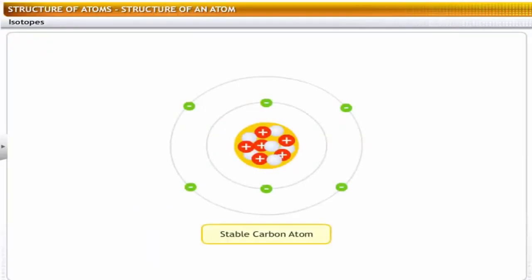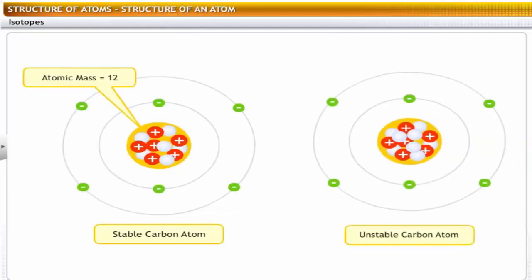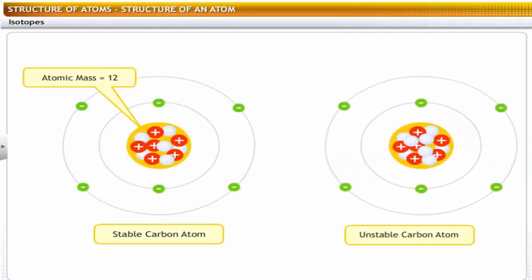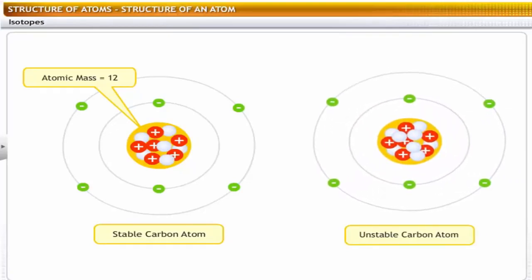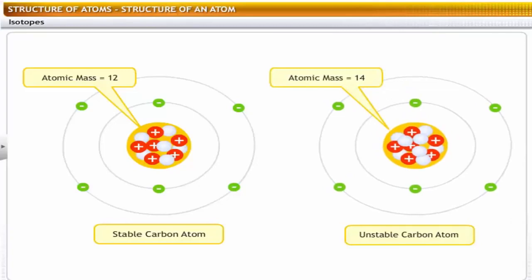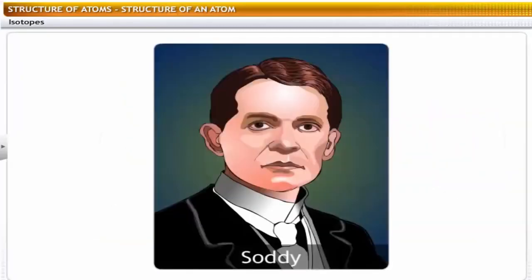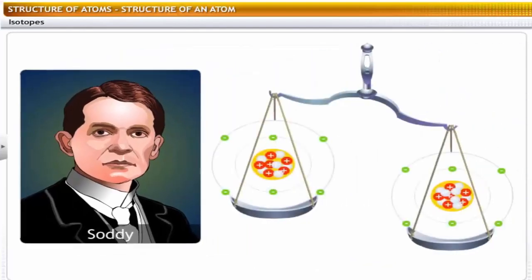Normally, a carbon atom has 6 protons and 6 neutrons, but some unstable carbon atoms were found. These carbon atoms had 6 electrons, but the nucleus was similar to that of a nitrogen atom and had a mass of 14. Soddy discovered that certain elements had a heavier mass.